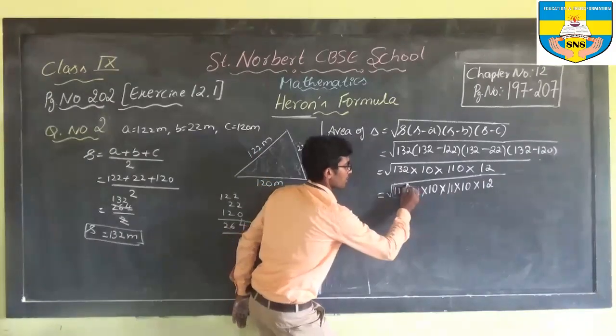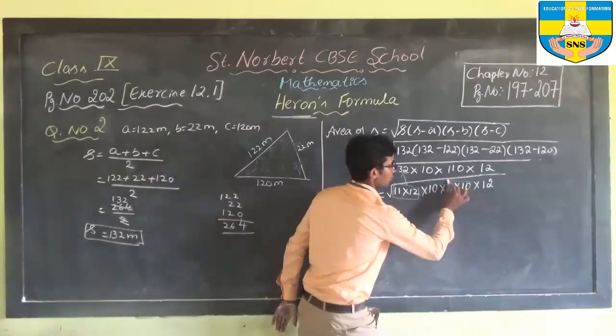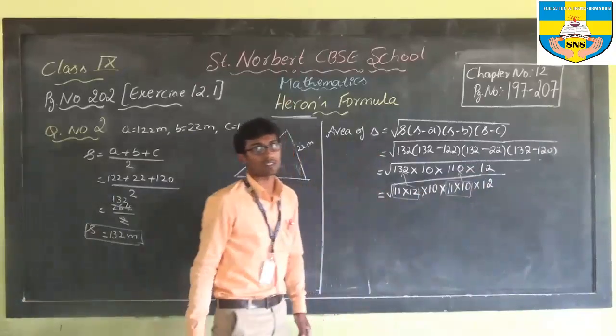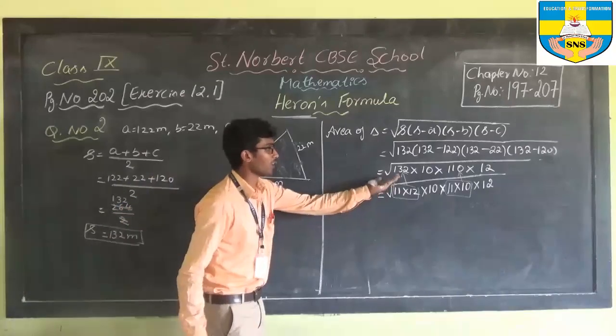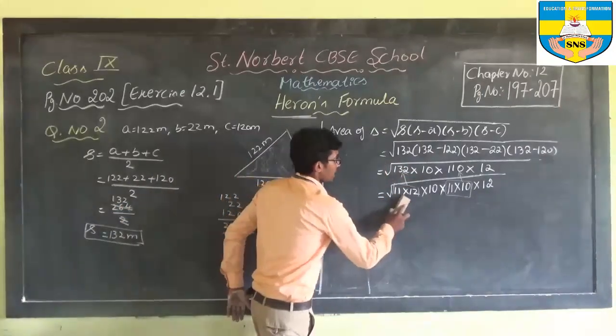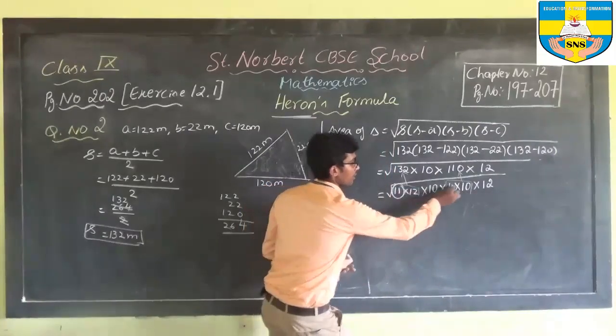These two numbers are from 132. This 10 I am not changing. These two numbers are from 110, and 12 I am also writing as it is. As I said, this is not the only way, you can do it in many different ways. You can even convert in terms of 2, or in terms of 3.